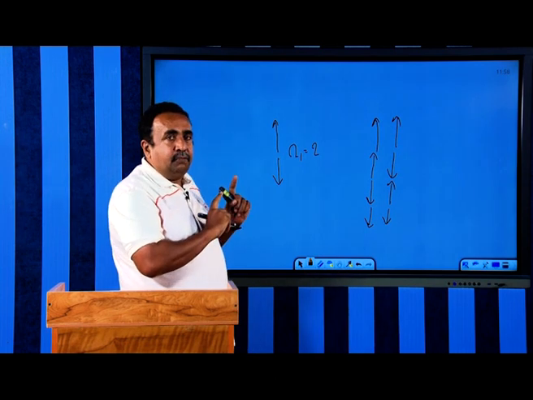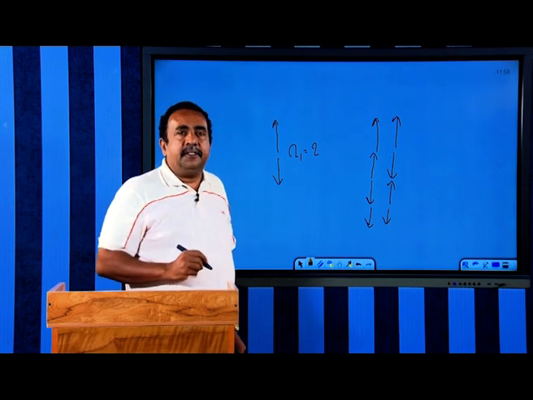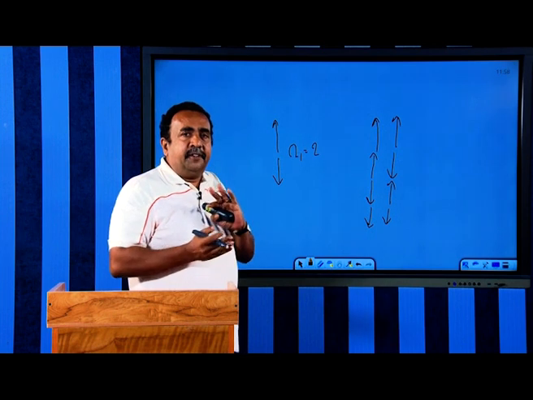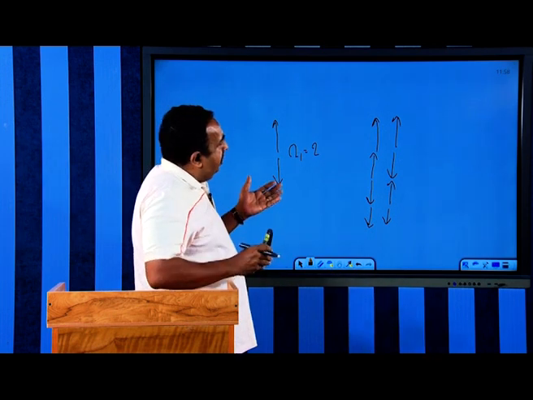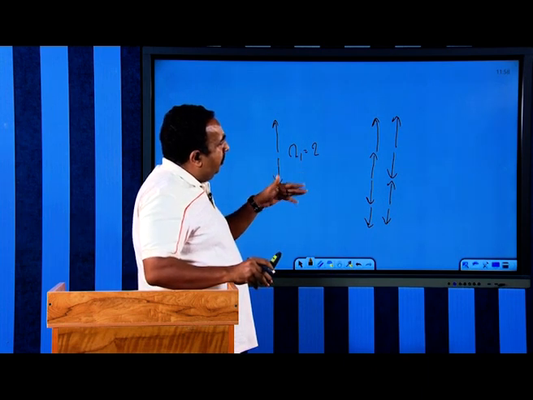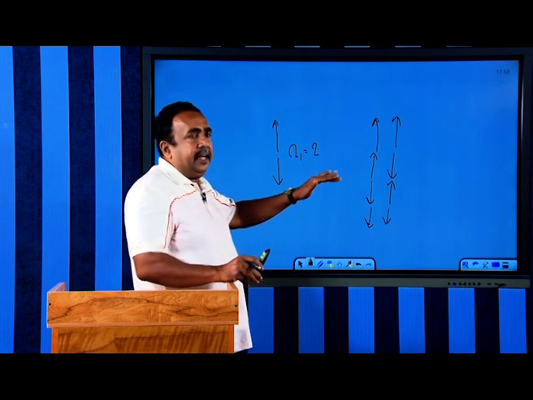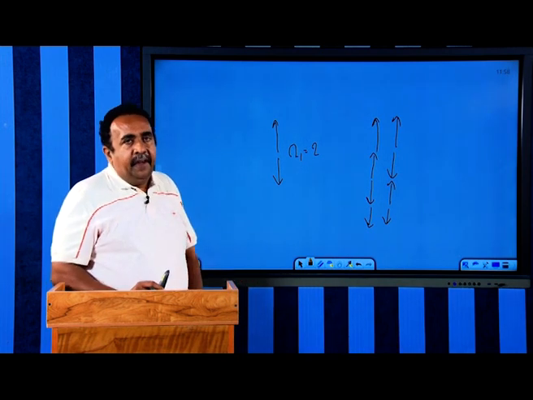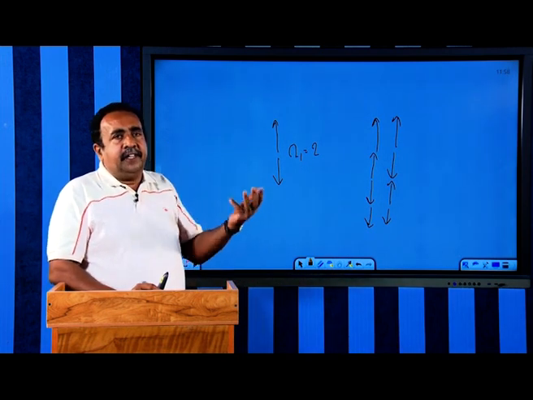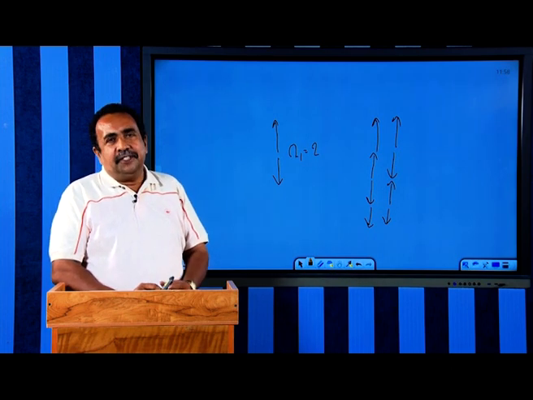Therefore, there are 4 possibilities. For 2 electrons there will be 4 states available. If you take 3 electrons, you can see that there will be 8 possible ways.